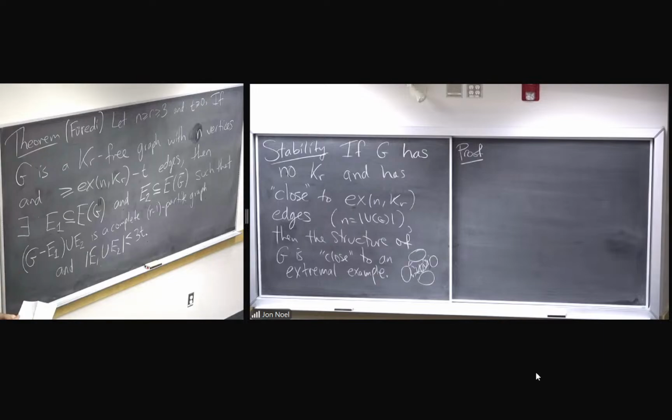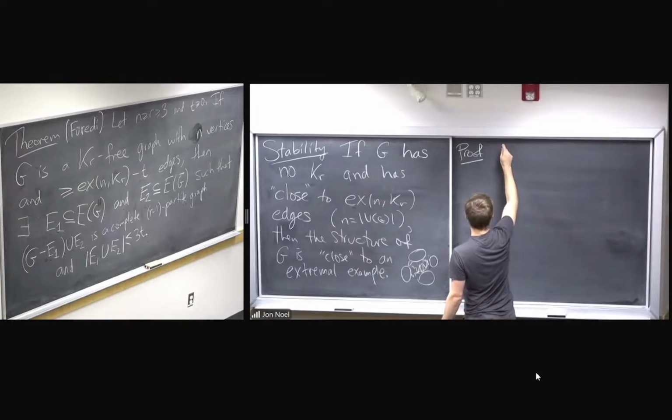These are edges I'm removing from G. If I remove those edges, I want the graph to be (r-1)-partite, not necessarily complete, so chromatic number at most r-1. And then what am I going to do with E2? Any missing edges between the parts, I'm just going to add them. Once I've removed the edges of E1, it's clear what to do with E2: just complete the parts to make them complete.